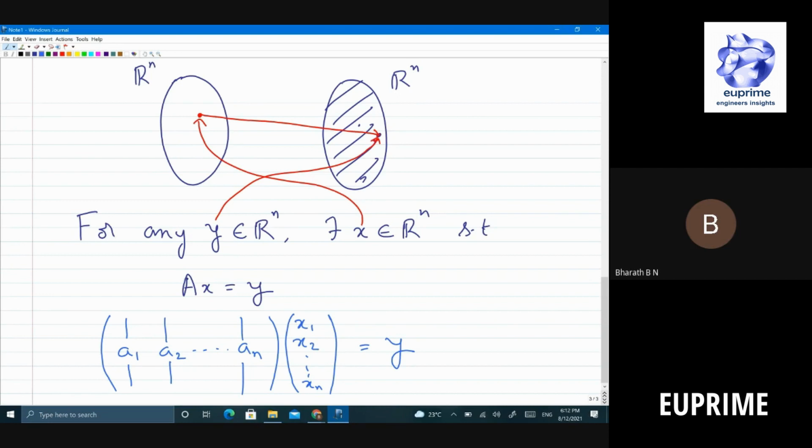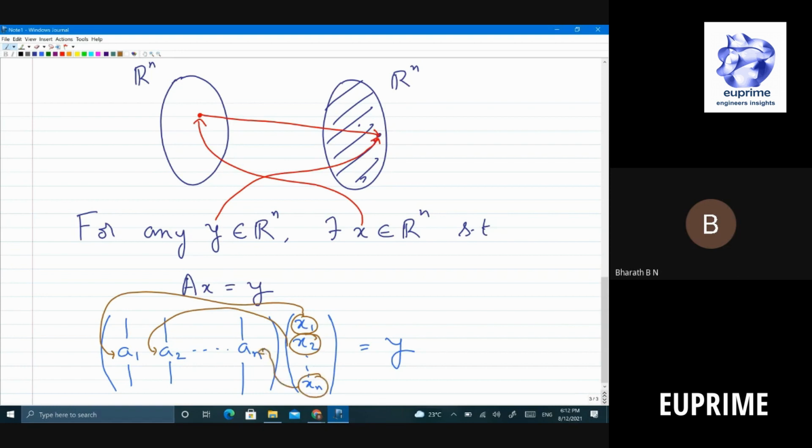Essentially, in this case, x1 gets multiplied by the first column, x2 gets multiplied with the second column. Do you agree? x2 cannot get multiplied with the first column or the third column, and so on, and xn gets multiplied by the last column.